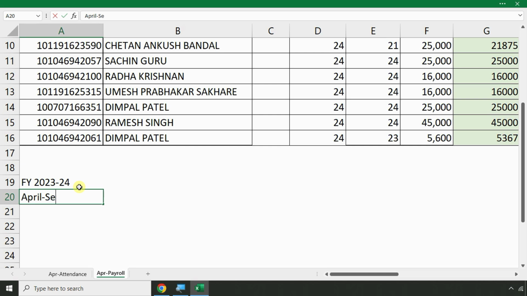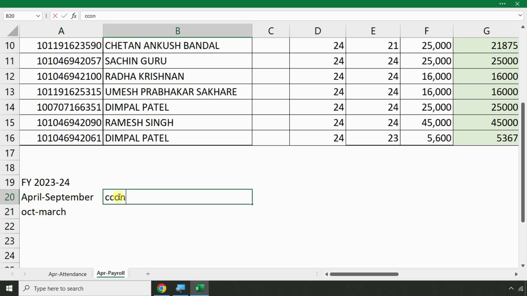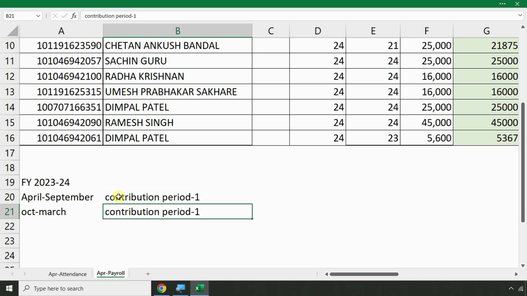April to September is a half, October to March is a half. The first six months will be known as the first contribution period, and the second contribution period.